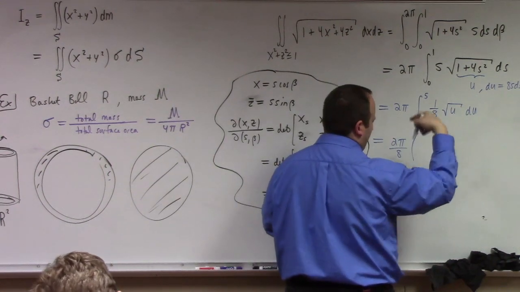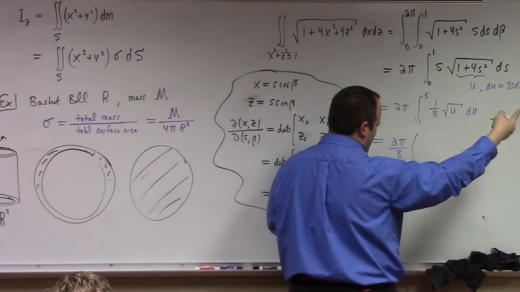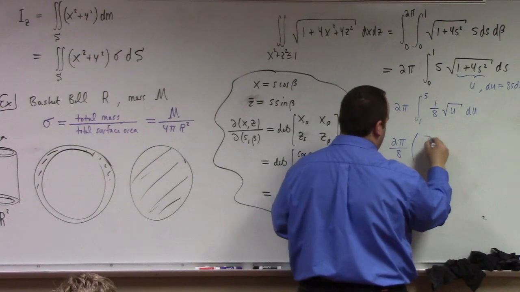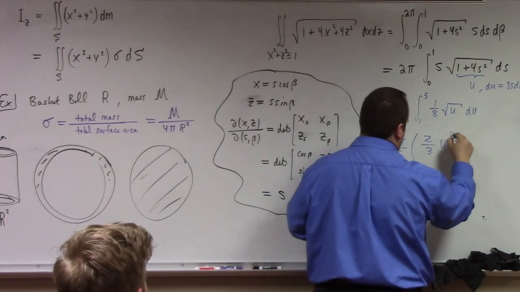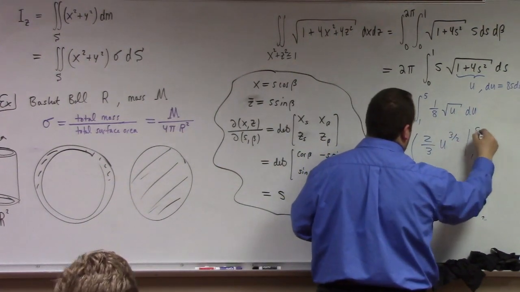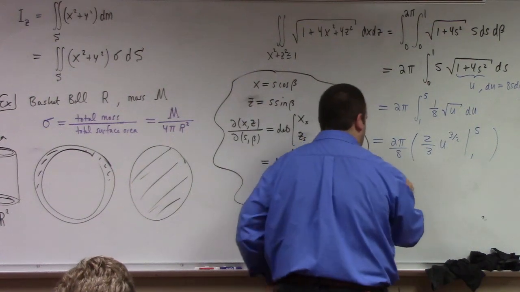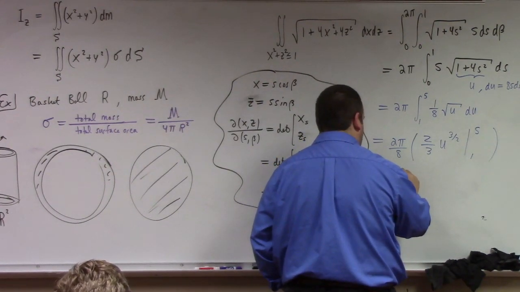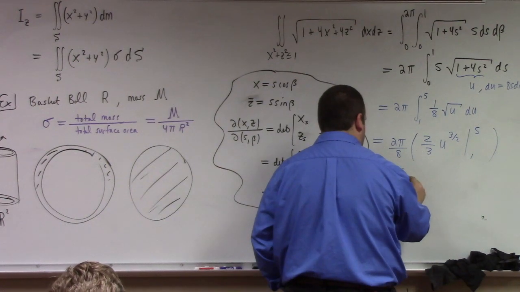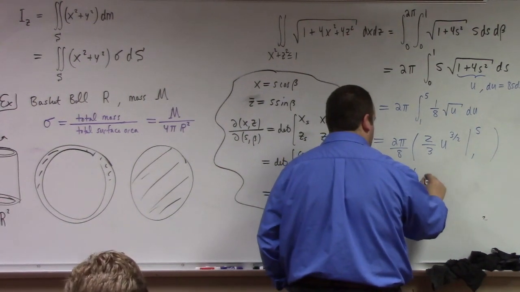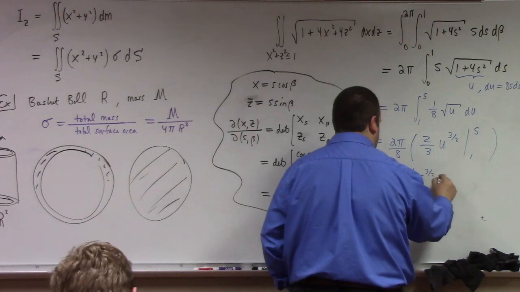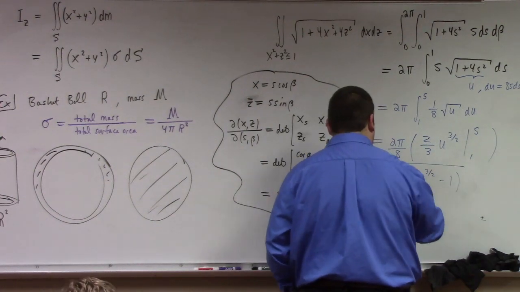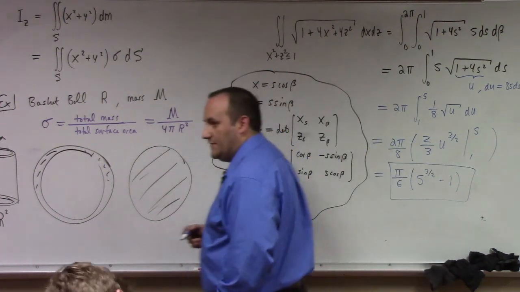And let's see, 1/2 plus 1 is 3/2, so 2/3 u to the 3/2 evaluated from 1 to 5. So we got ourselves pi over 6 times 5 to the 3/2 minus 1. There you go, that's the surface area of this paraboloid.